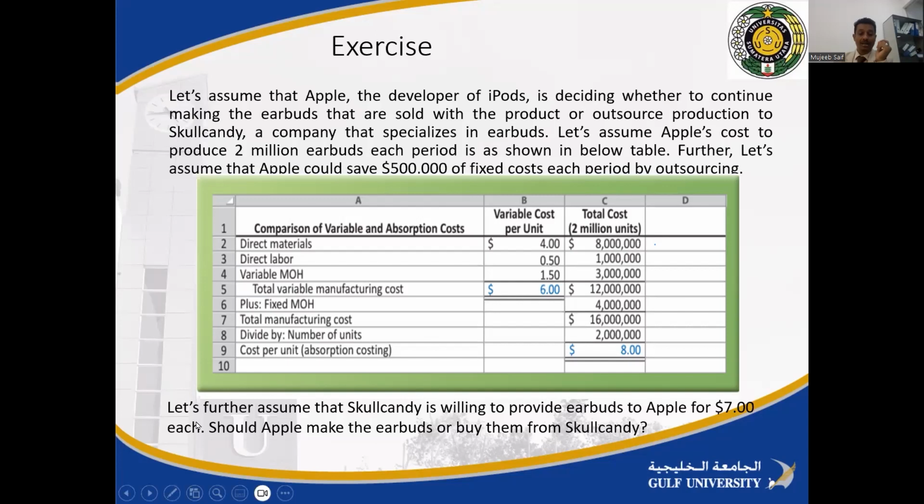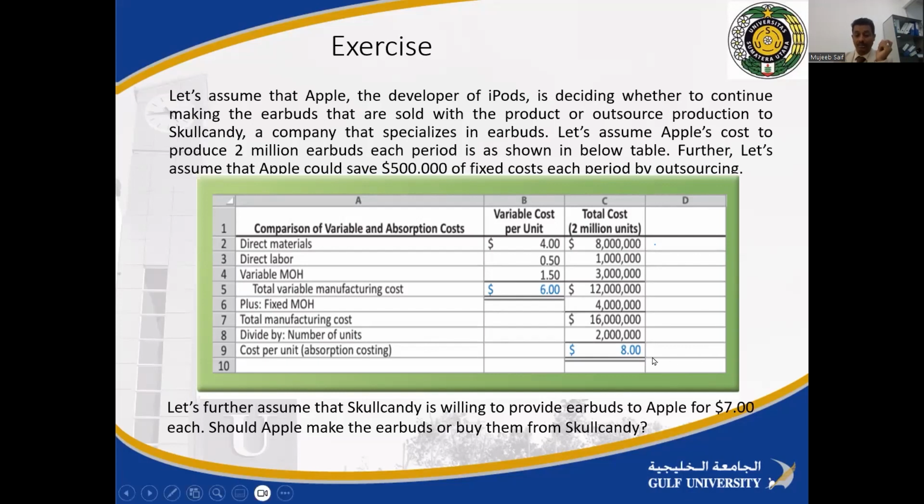So let's further assume that the company we ask to make these AirBuds instead of doing it in our organization is willing to provide us with AirBuds for only $7 each.